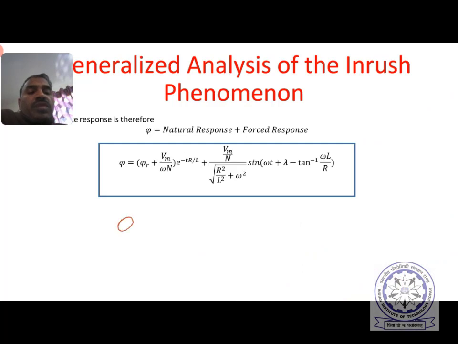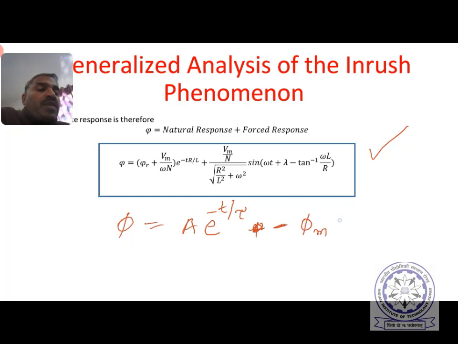The approximate solution, this is the exact solution by the way, is A e to the power of minus t by tau. Tau is again L by R only here, plus minus φ max cos ωt plus λ.